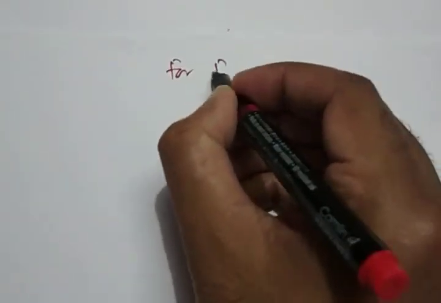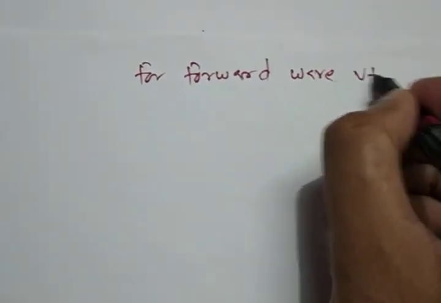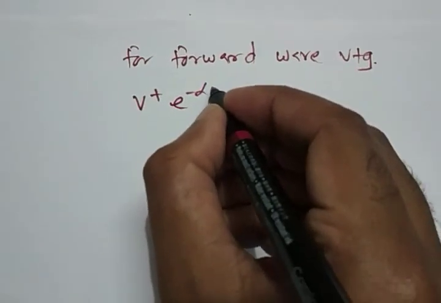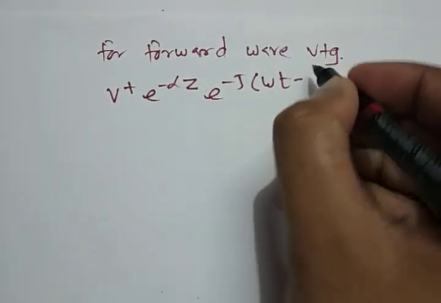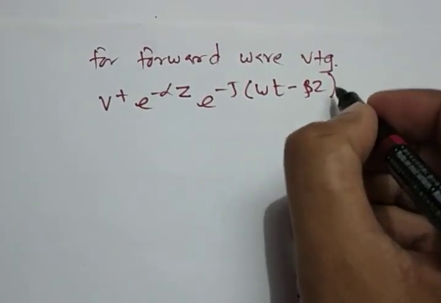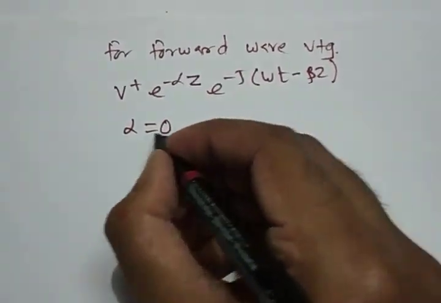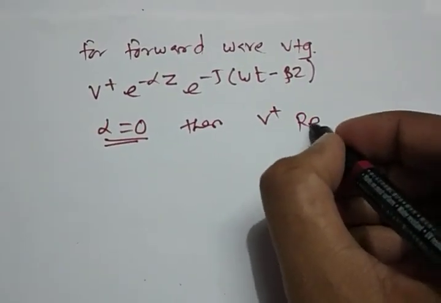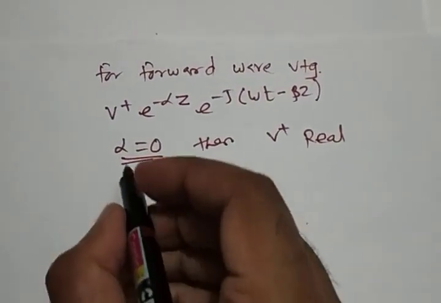say for forward wave only, voltage V plus e to the power minus alpha z e to the power minus j omega t minus beta z, and for alpha equal to 0 there is no attenuation, then we can say that V plus is real without any attenuation or cutting of the wave.